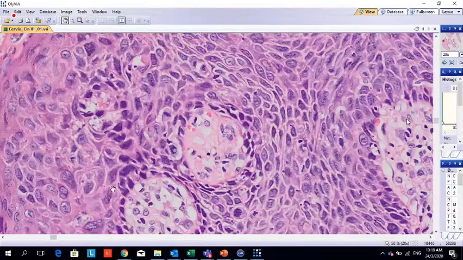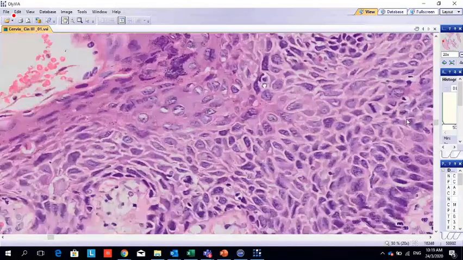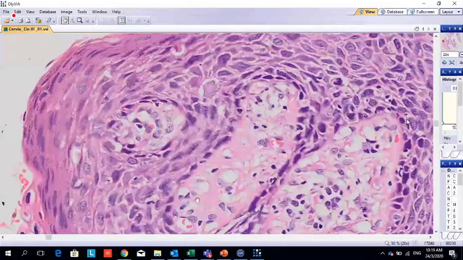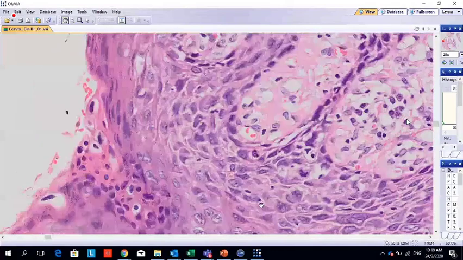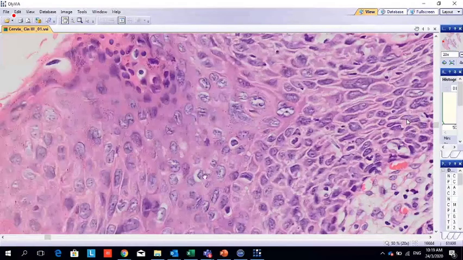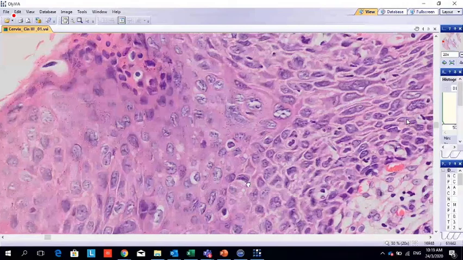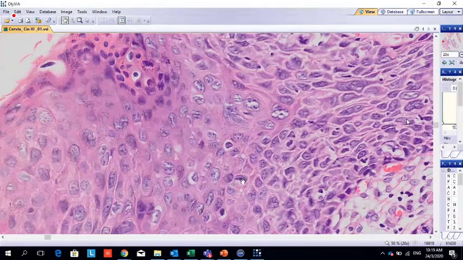Also here, some koilocytes. The koilocytic change is not just a perinuclear clearing or halo. The nucleus should be hyperchromatic with an irregular nuclear membrane.